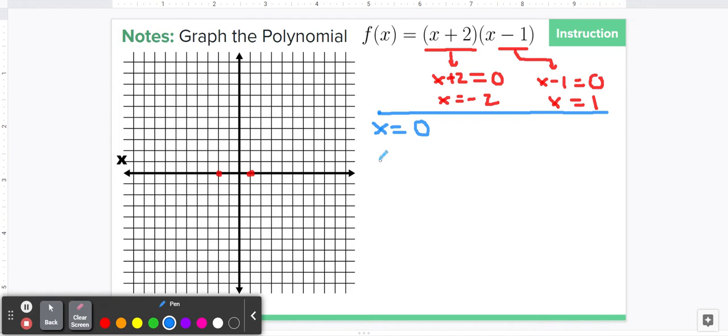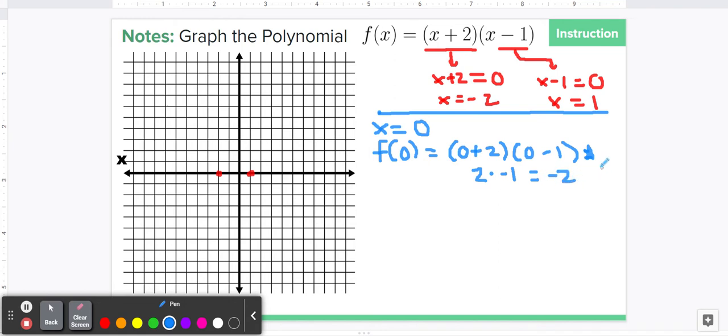So at x equals 0, if I plug that into my function, f of 0 equals 0 plus 2 times 0 minus 1. We'll have 2 times negative 1, which gives me negative 2.